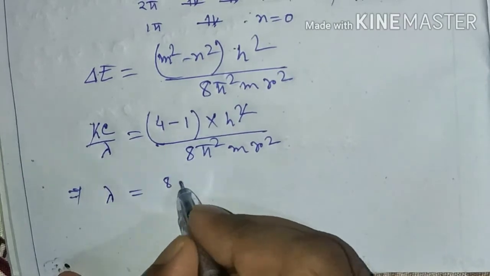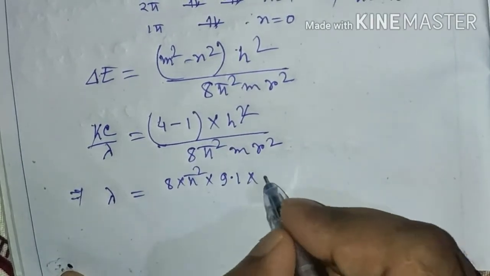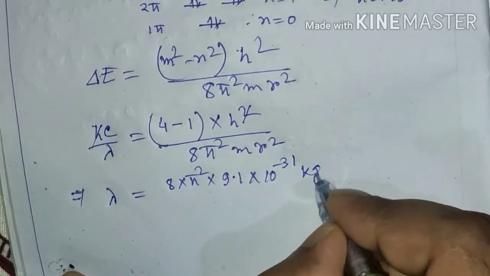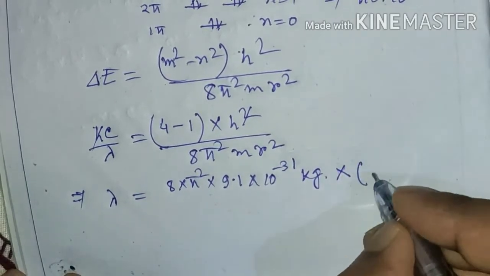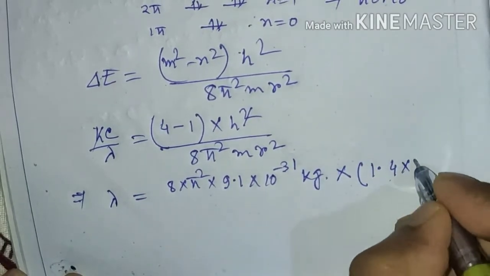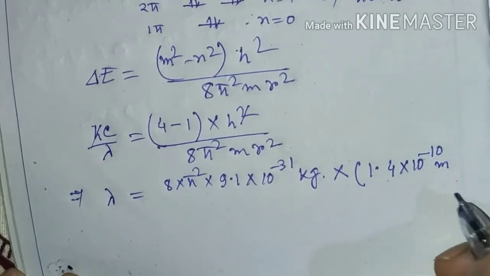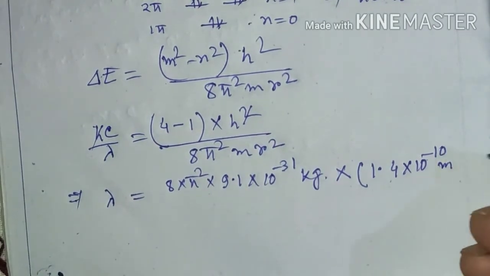lambda will be 8 into pi square into m, where the value of m is equal to 9.1 into 10 to the minus 31 kg. R is given as 1.4 angstrom, that is 1.4 into 10 to the power minus 10 meter. Is it okay? 1 angstrom is equal to 1 into 10 to the power minus 10 meter.